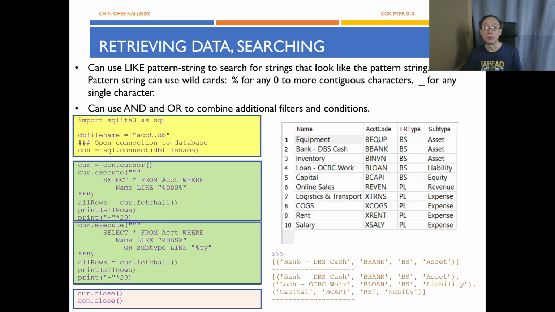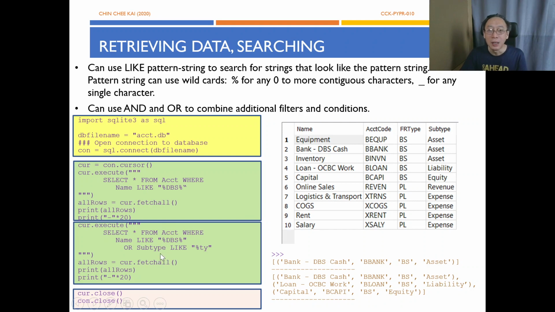Then it's very easy. We will just say, what is our current relationship status with DBS? Or get me all the accounts that look like this pattern. Anything containing DBS followed by anything, right? The percent. So we can do that.